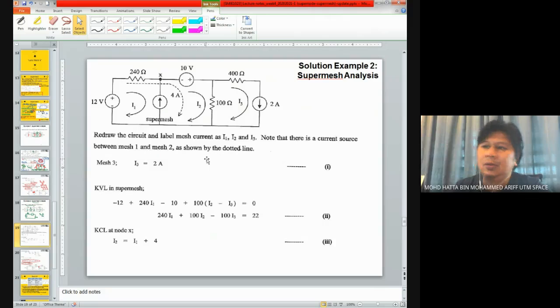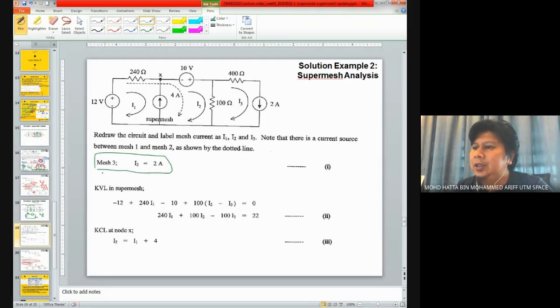First, you redraw, or you can get from the original circuit, where you already identify the Supermesh, and you already identify the meshes I1, I2, and I3, 3 meshes. Look at the first definition here, mesh number 3.